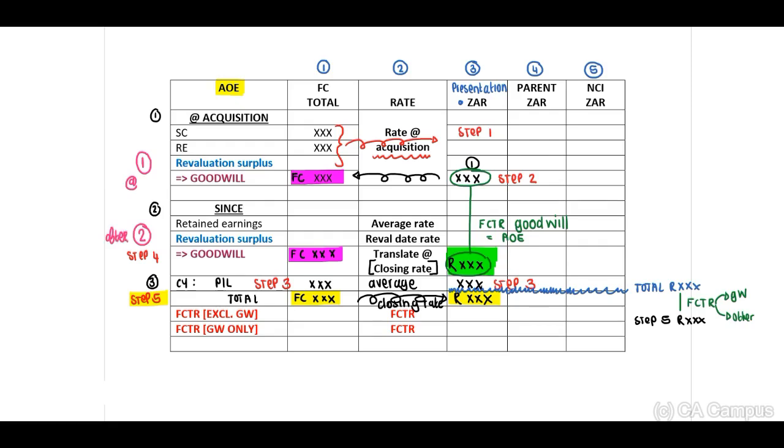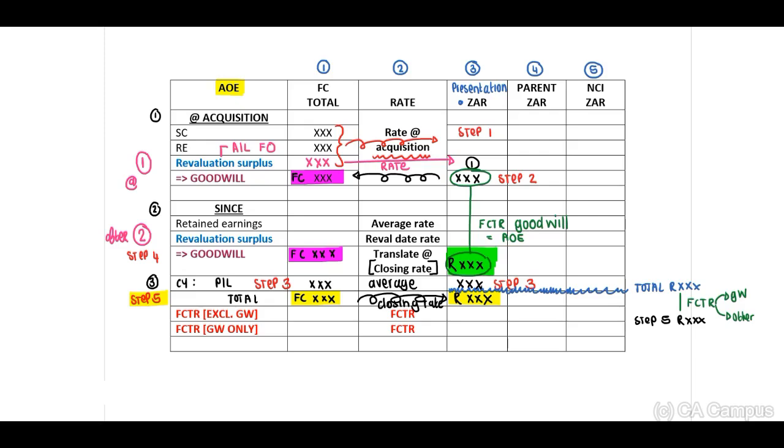Now, when you look at scenario number 1, revaluation at acquisition date, you will identify that this revaluation will be included in our at acquisition date, and we will use the rate at acquisition date to translate this revaluation. You need to identify this as a separate asset or liability of our foreign operation.